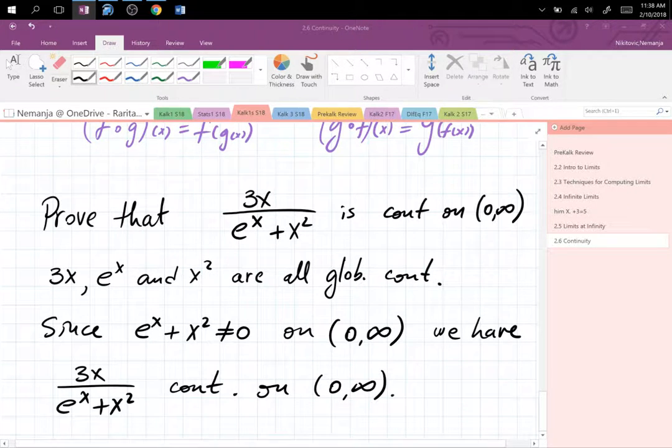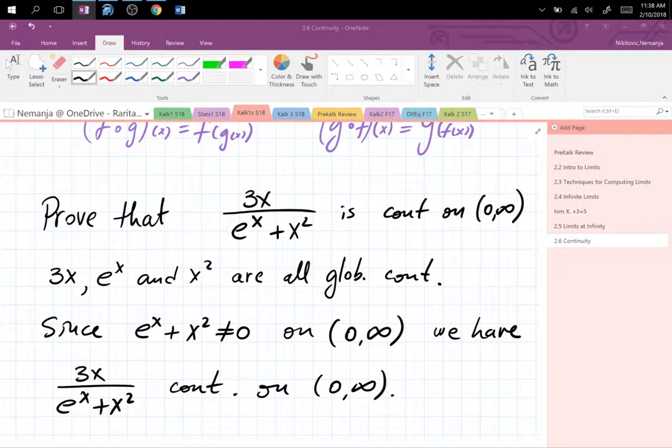And that's it. I hope you're not disappointed, but the logic is always show that each individual piece is continuous by the blue theorem, and then hit it with the purple theorem that the combinations are all continuous, as long as, if you have division, the denominator is never 0. And you're done, right? Clearly, it's not going to hold if I involve tangent. Tangent has infinitely many discontinuities. So you can't do this if one of the functions, or whatever number of functions you have, is discontinuous.